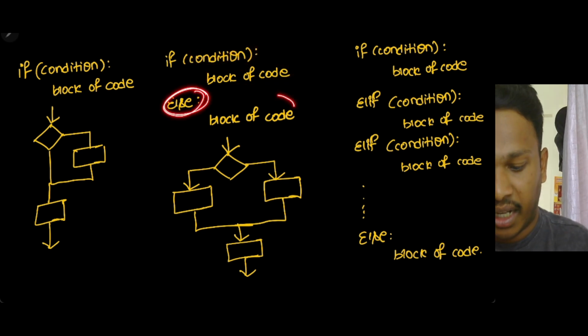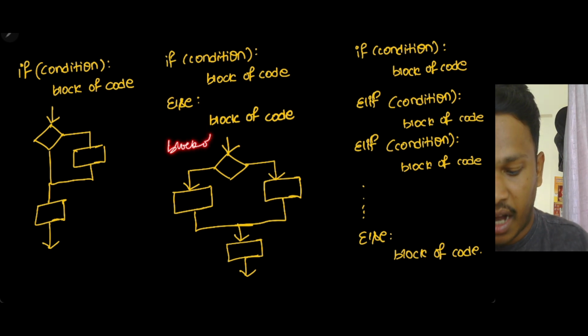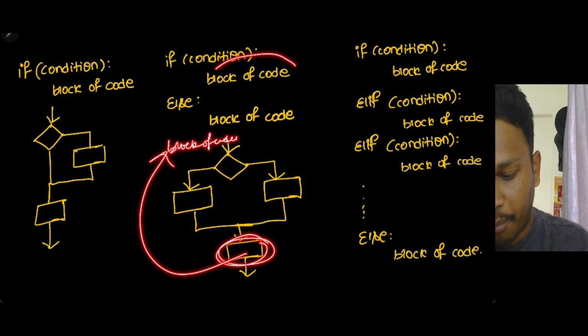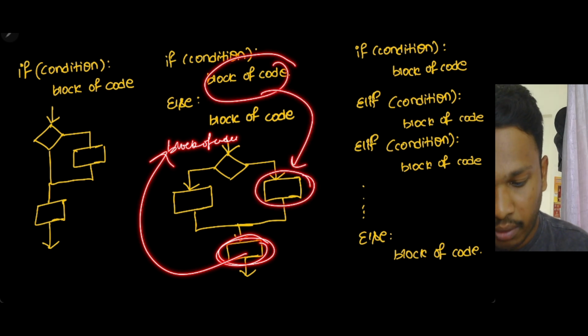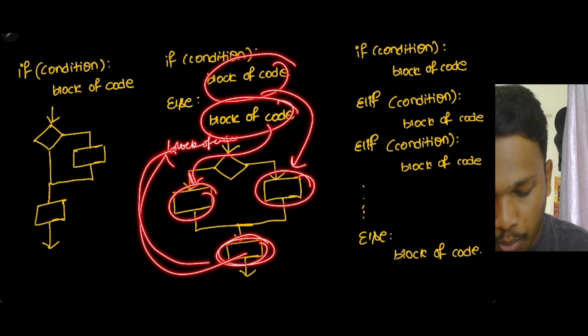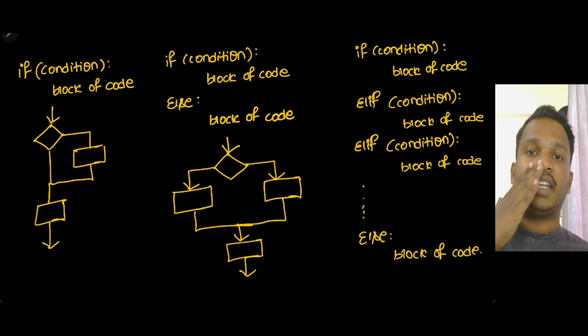Else means the second case, where we write another block of code. After both the cases, again a block of code, which is the common code. If the condition is true, the first block will execute. If the condition is false, the second block will execute. After either of the blocks, the final block will execute. This is in the case of if else.